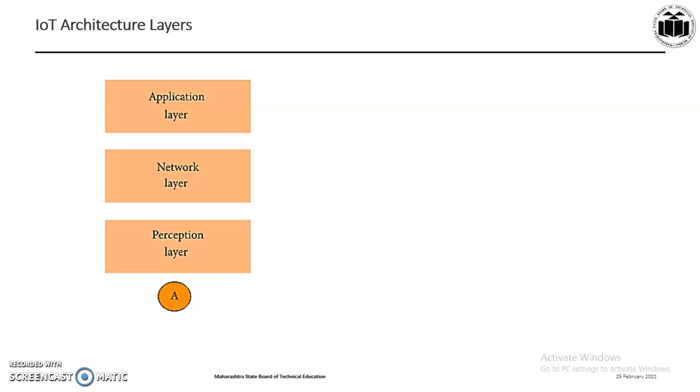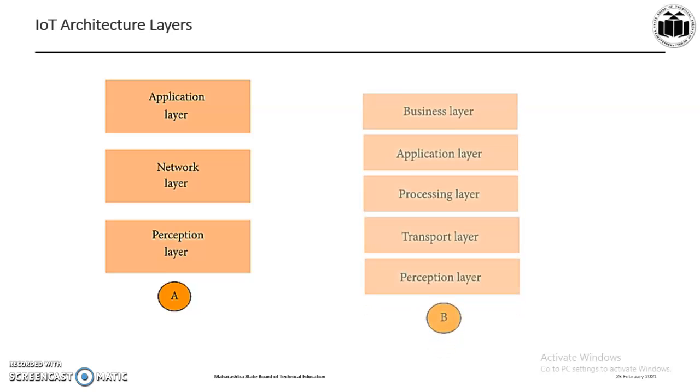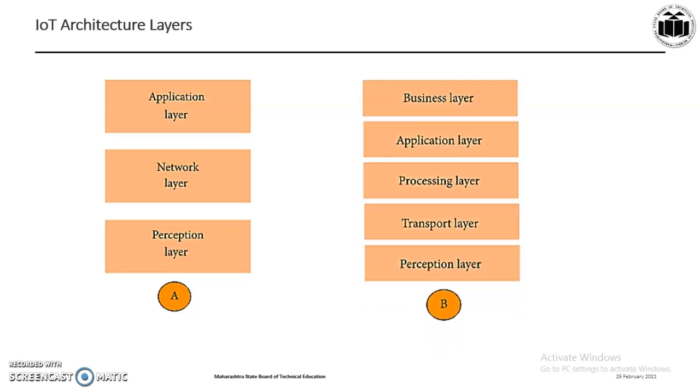The 3-layer architecture defines the main idea of Internet of Things, but it was not sufficient for research on IoT because research often focuses on finer aspects of Internet of Things. That is why many more layered architectures have been proposed. One of them is the 5-layer architecture, which additionally includes the processing and business layers as shown in figure B.